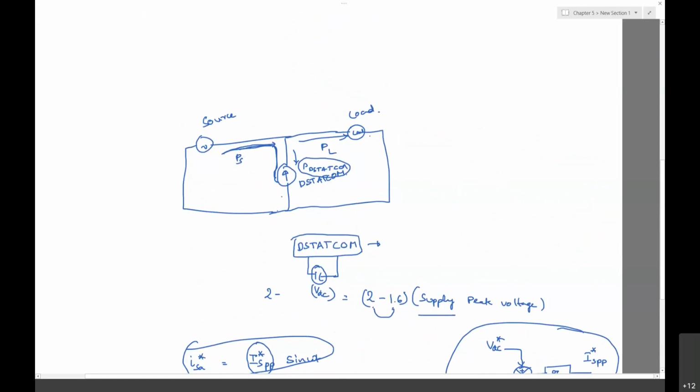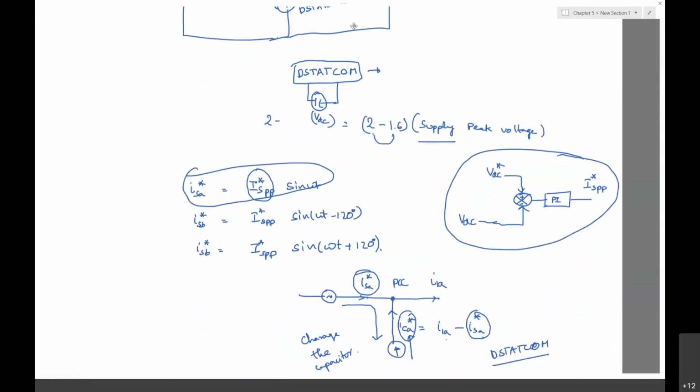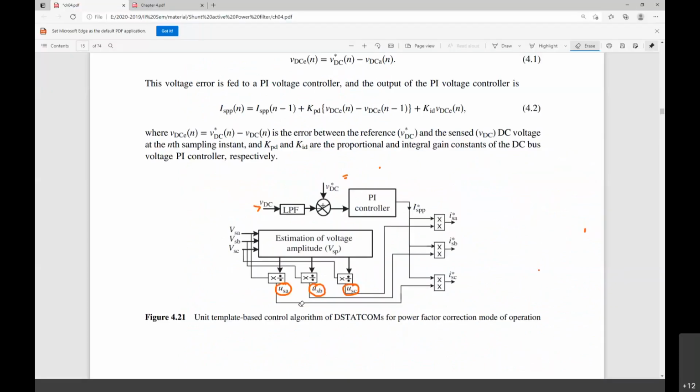But this particular algorithm, the unit template based algorithm, is a very simple algorithm to develop, to control the DStatCom, to improve the current quality, or to maintain the power factor correction mode of operation. But one thing over here.